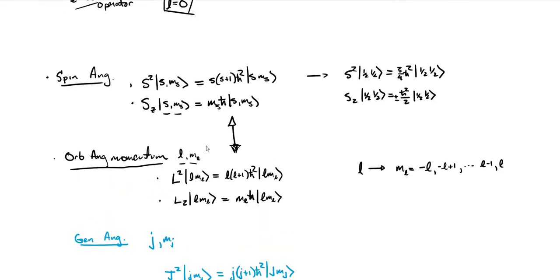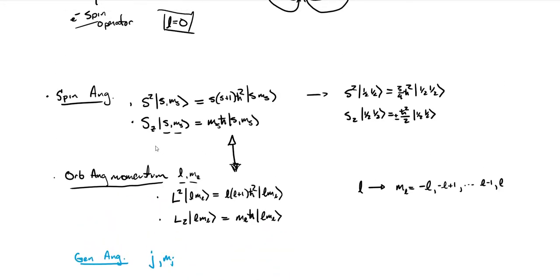So if we look back to our spin case, S is equal to 1/2, so the MS value could go from negative S in integer steps all the way up to positive S, which just gave us those two possible values, 1/2 and negative 1/2. For orbital angular momentum, if L is 1, you'd have negative 1, 0, 1, and so on.